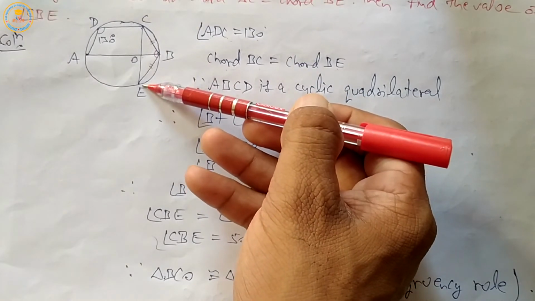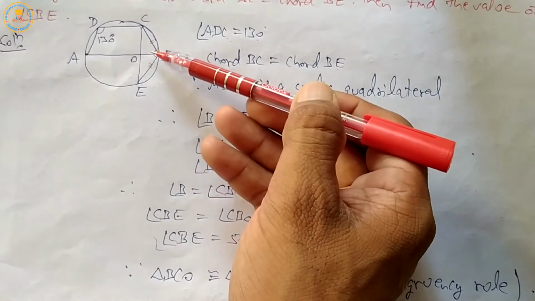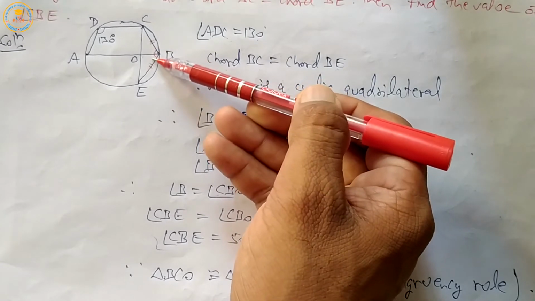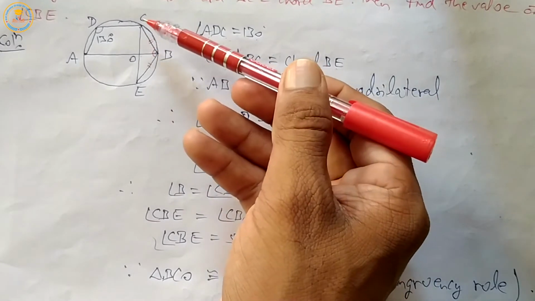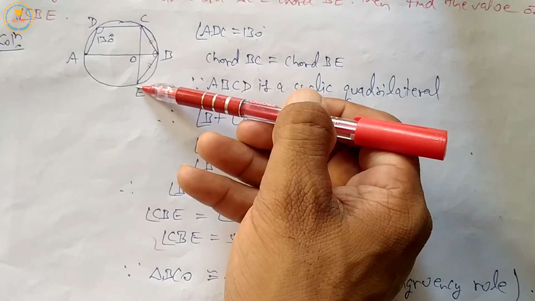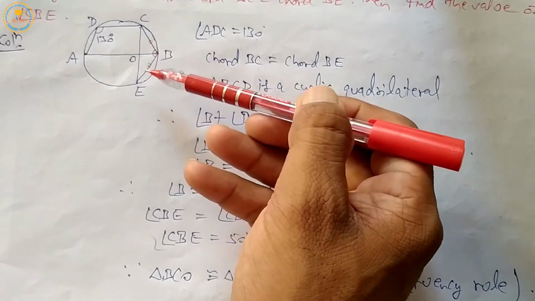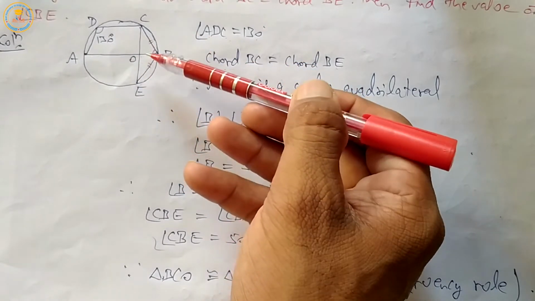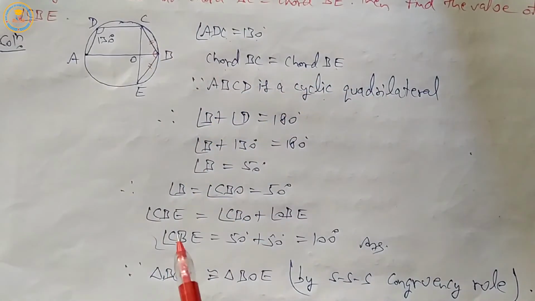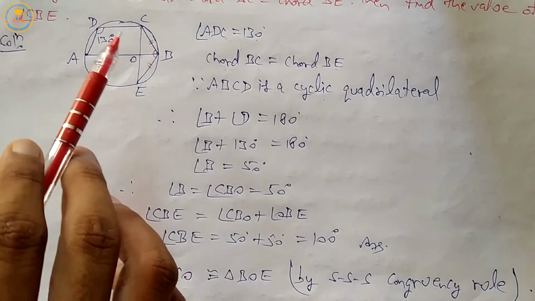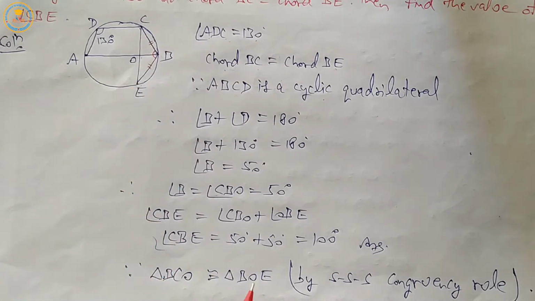Corresponding sides are equal, so their corresponding angles are also equal. This angle is 50, so this one is also 50. Therefore, angle CBE means CBO plus OBE, so 50 plus 50, 100 degrees. Therefore, angle CBE is 100 degrees, answer.